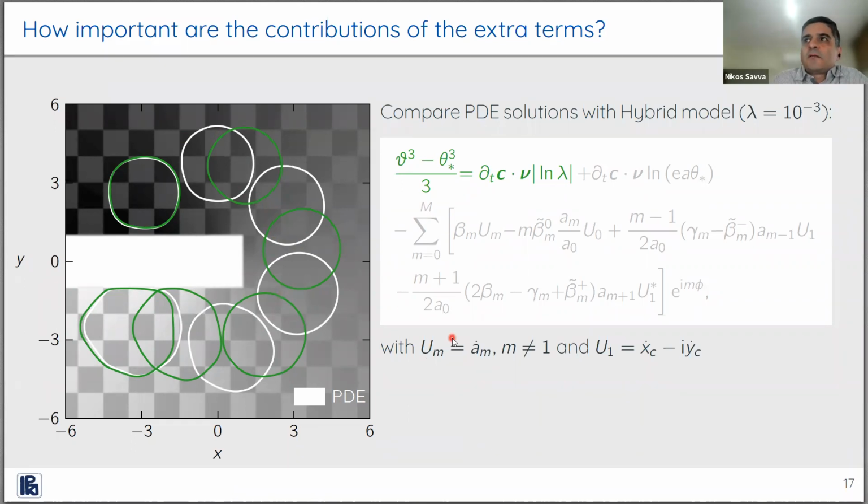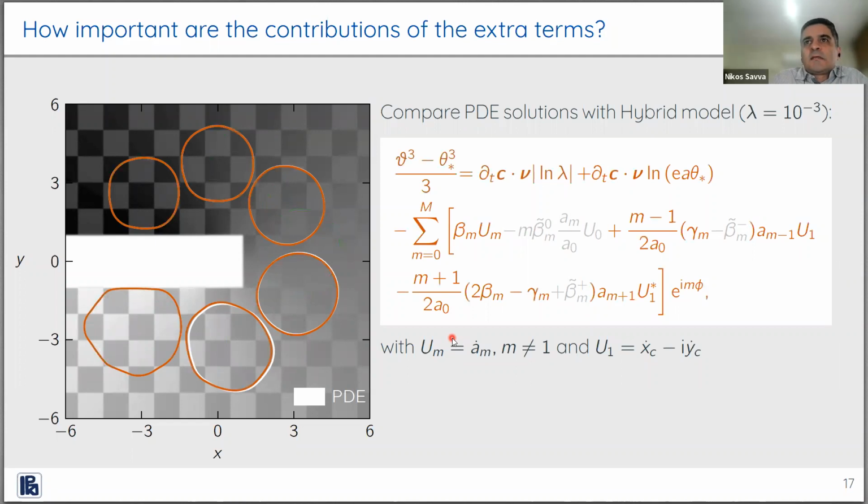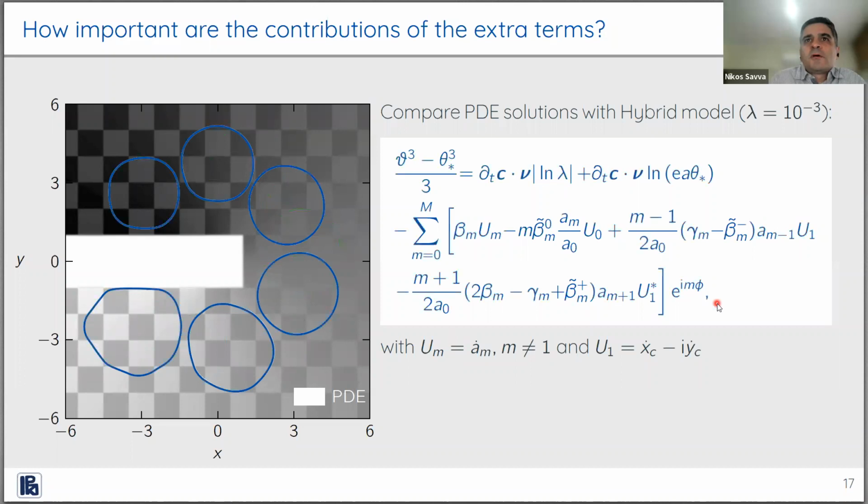Now, if we add the terms that were described in the earlier contribution in JFM, my earlier paper, we see that the agreement improves considerably. So now we see a nearly perfect match, although we see some slight discrepancies at intermediate steps. But if we include the additional terms that we have computed in this new contribution, we see that the agreement now becomes nearly perfect.